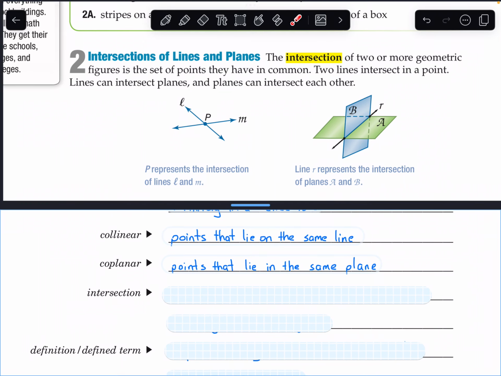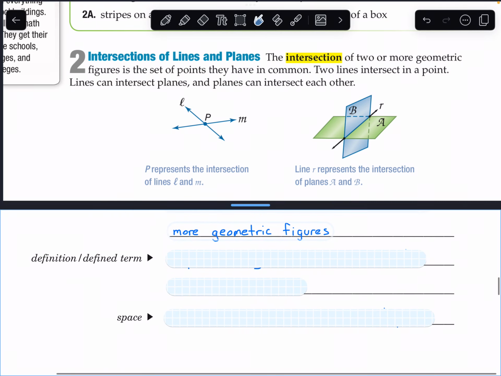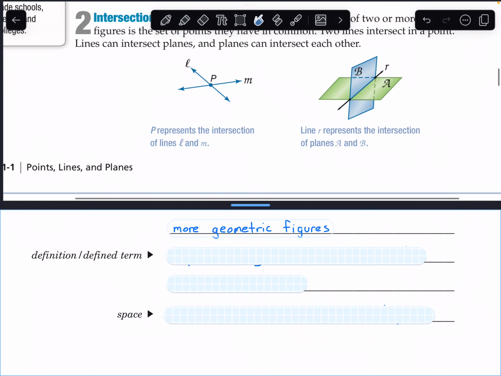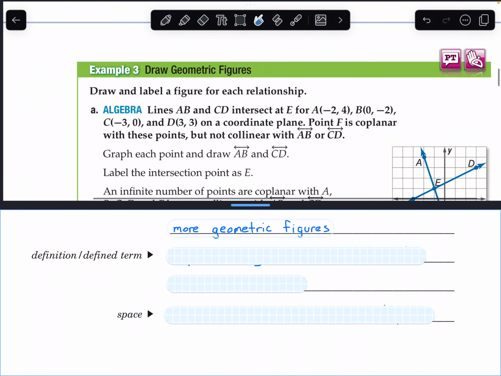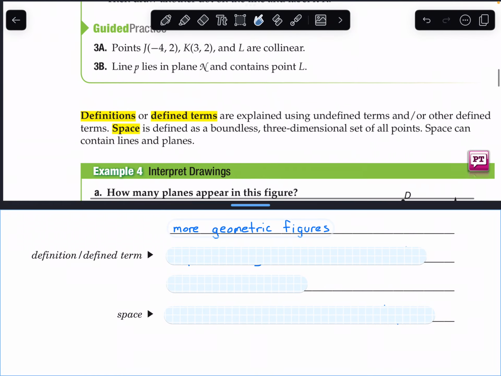So I need the generic term for any intersection. The set of points held in common of 2 or more geometric figures is any intersection. I'm not going to be particular to intersection of lines or planes for that definition. All right, we will return to the examples later.